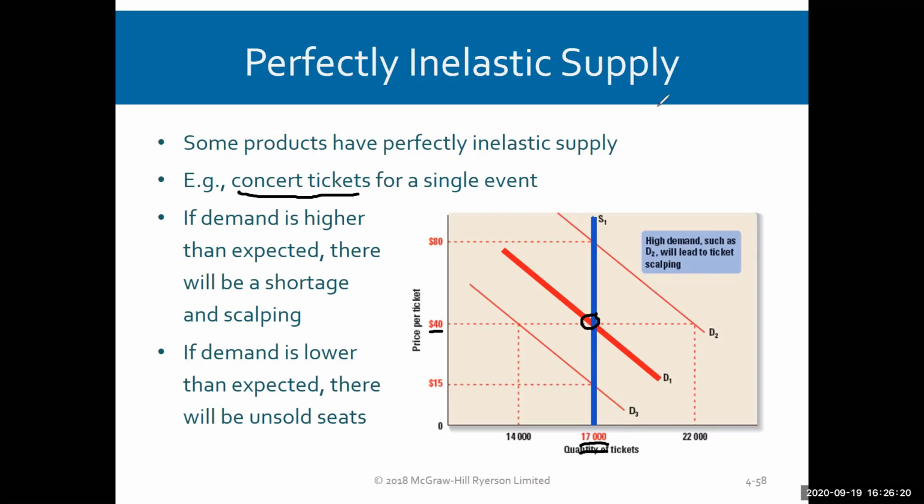That's kind of boring. What would happen if the concert promoter severely underestimated demand? The promoter set the price at $40, but demand actually turned out to be way back here. Yikes. This is only how many seats people want to purchase, because demand is quite a bit lower than the promoter thought, but there are 17,000 seats.